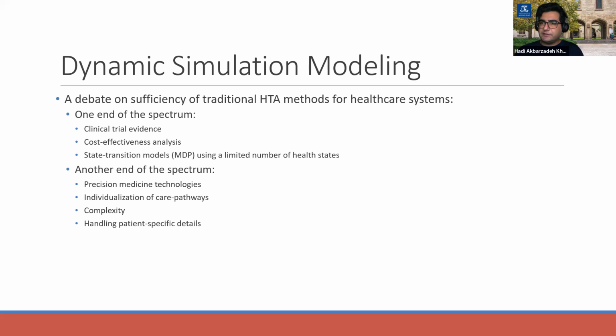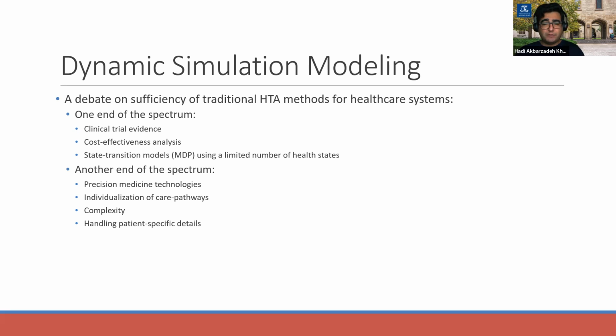But on the other side of the spectrum, people believe that we need something else, because we are now dealing with precision medicine technologies. We need to make decisions in the health system at the individual level.